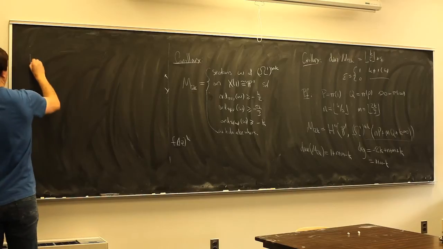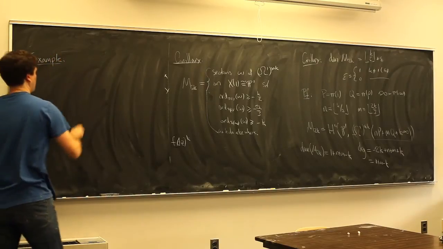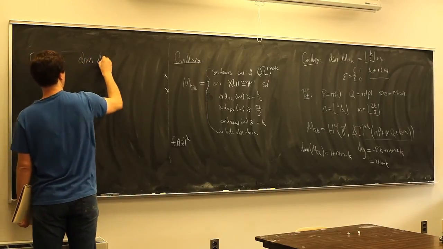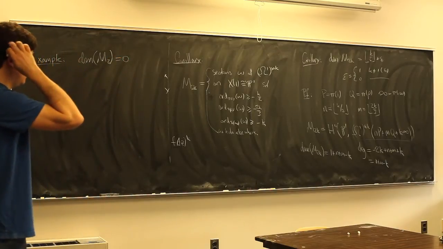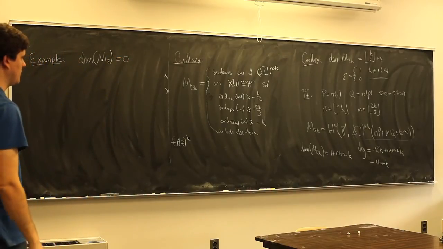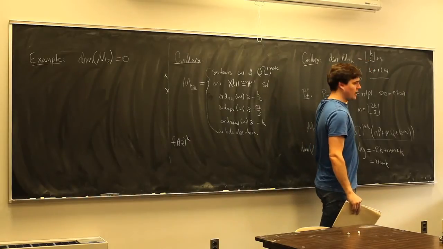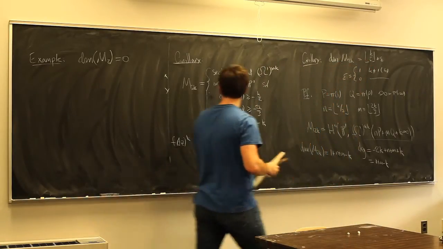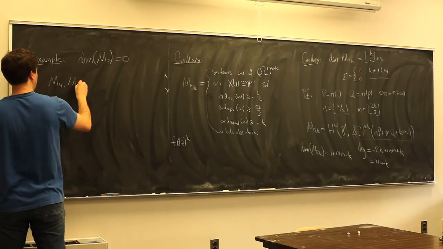All right, so for example, the dimension of M2 is 0. Because for M2, I'm taking k to be 1. And so the floor is 0. And since k is 1, epsilon is 0. But M4 through M10 all have dimension 1.